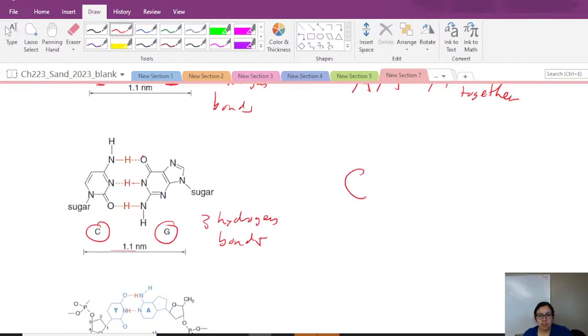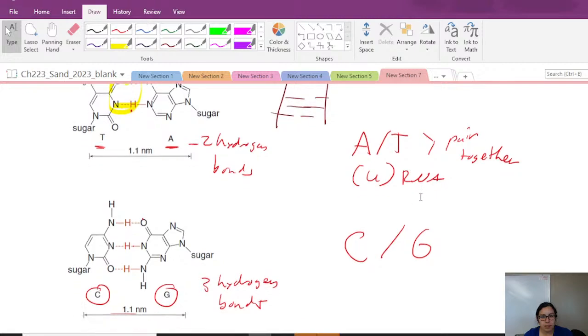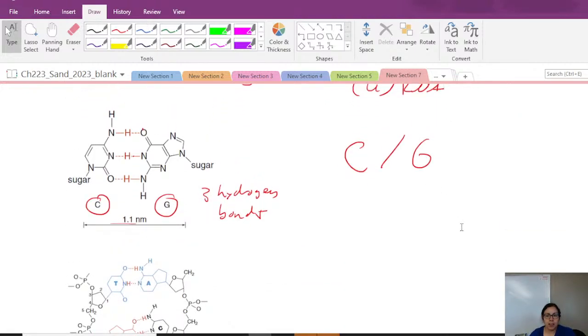And C and G are both curvy looking, so they go together. And don't forget about U. U goes with A instead of T, which is just kind of awkward. Just remember that's with RNA. And again, C and G, the curlies, have to go together because they both have 3 sites for that hydrogen bonding interaction.